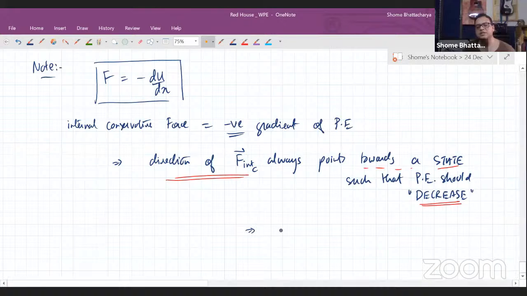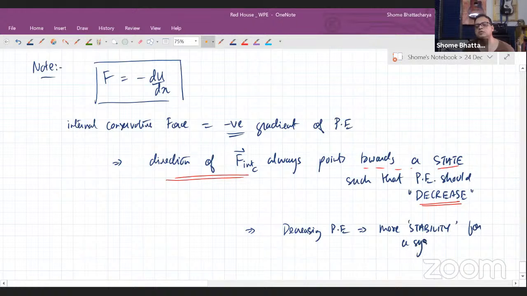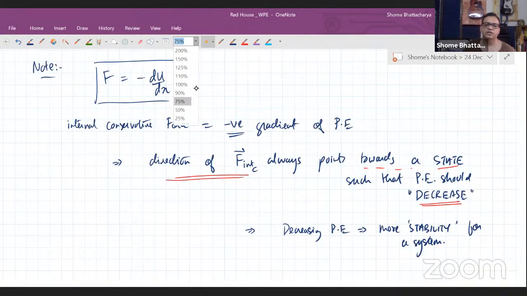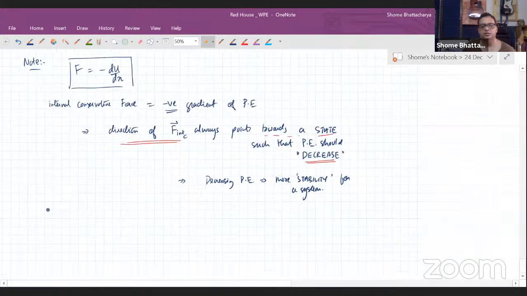So what this tells is that decreasing potential energy implies more stability for a system. The system tends to stabilize in that direction in which the potential energy decreases. Now we can think of this with a logical example.